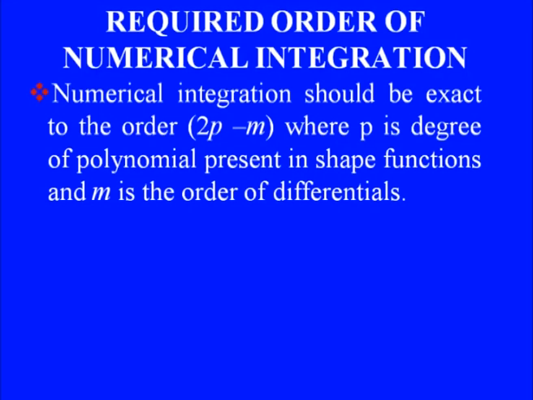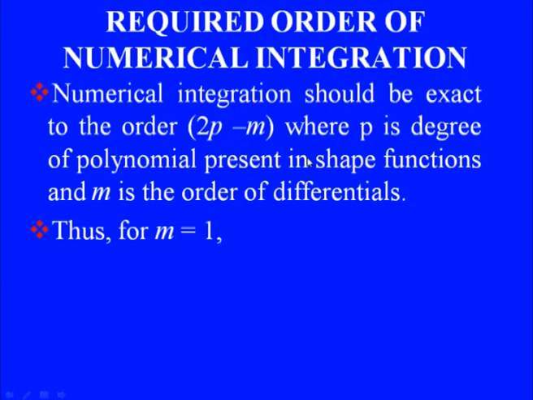Now, to conclude our numerical integration, there are certain points which I would like to just point out. The required order of numerical integration, because more number of points we choose in Gaussian quadrature or this for triangular elements, or similar formulas available for tetrahedral elements, more expensive would be evaluation of the integrals. But do we really need that?